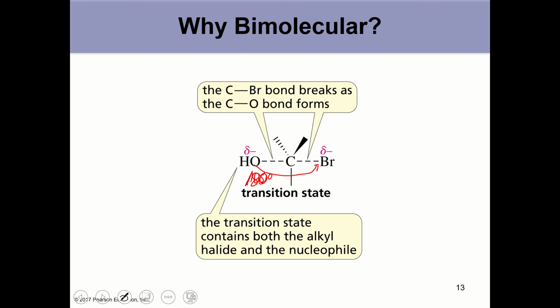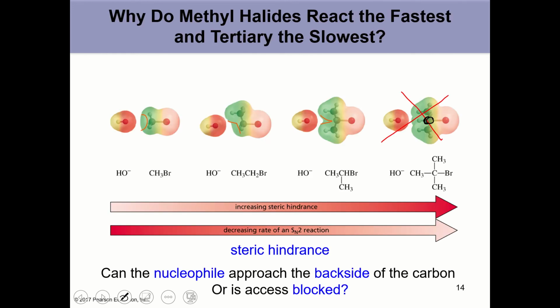I try to think of backside attack as being necessary because if the bromide is present, how can the hydroxide possibly form a bond at the same position? It has to form a bond at a different position than the bromide is bonded to, and for SN2, it's 180 degrees away from where the C-Br bond exists. Okay, why do methyl halides react fastest and tertiary the slowest?